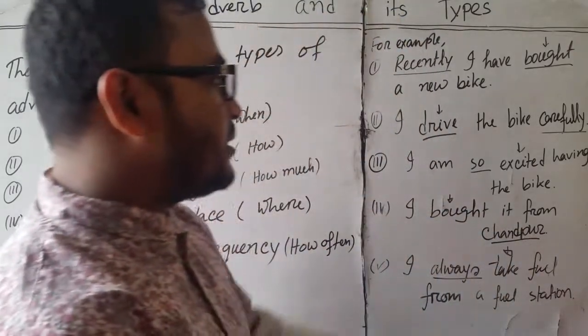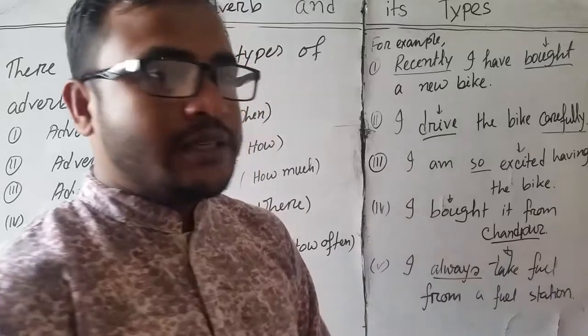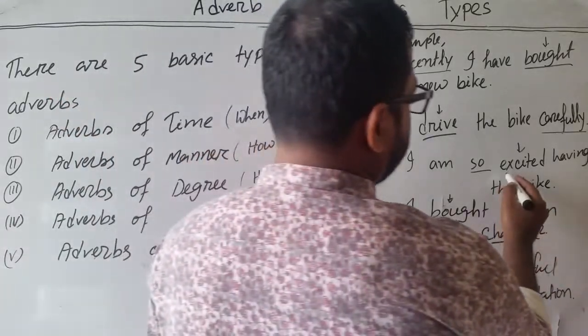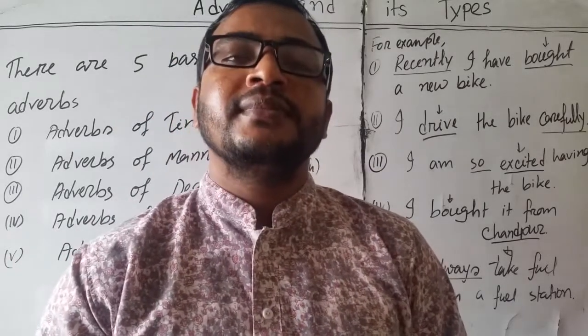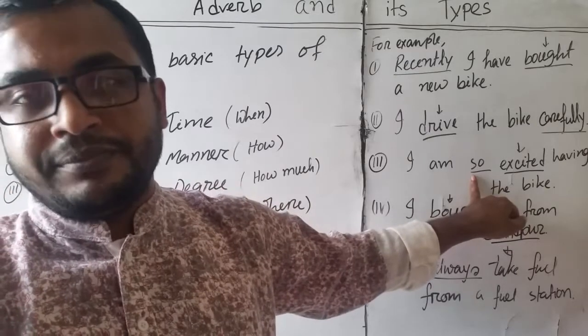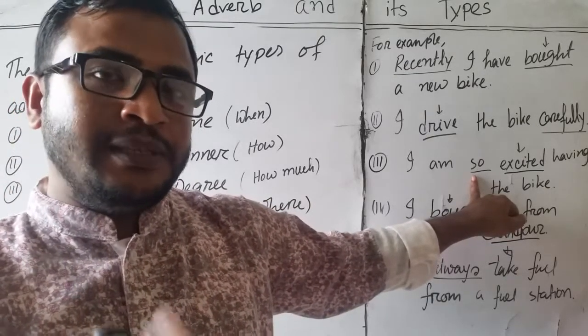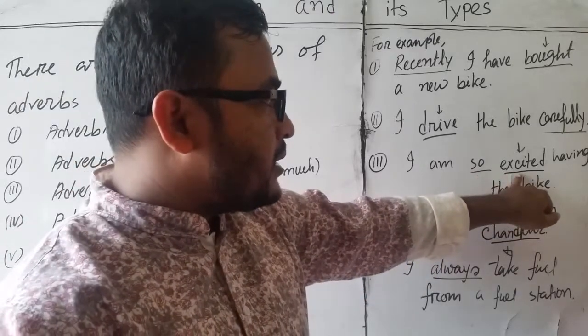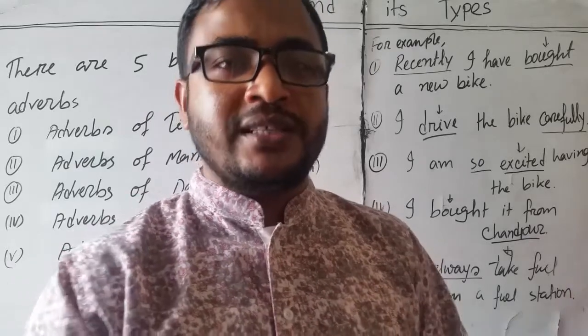In this sentence, I am so excited having the bike. Here, the word excited is an adjective, and the word so is an adverb of degree. That means the word excited, how much I am excited. I am so excited.